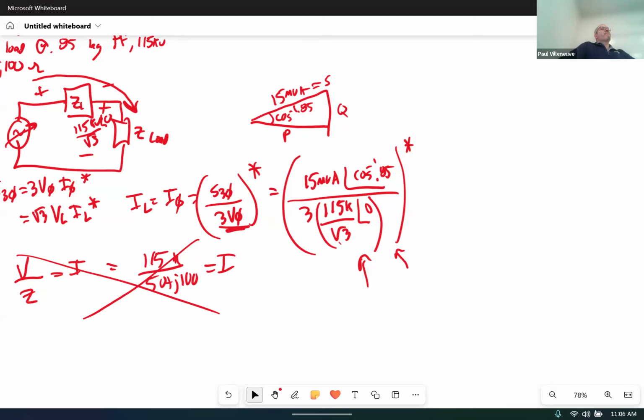Go ahead. Remember the angle was negative for this? Yes, it better be. Why is the angle negative? Aha. And who lags whom? Current lags the voltage. So if the voltage is at an angle of 0, which it is, and if you believe that it's a lagging power factor, should the angle be positive or negative with the voltage angle of 0?